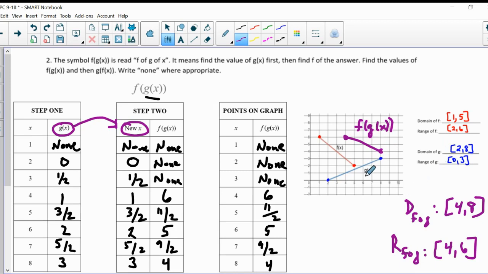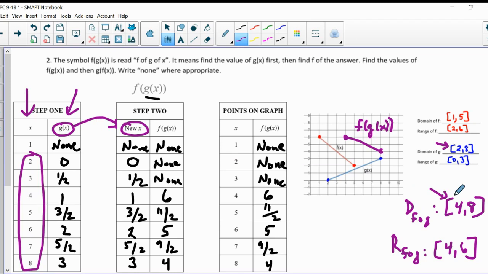Now, one of the important things is g was the first thing that I substituted in. So the domain of g is originally what I started with. So I can't be anything less, or I can't be anything more than what I started with. I definitely have that the domain of f of g has to be somewhere in 2 to 8.